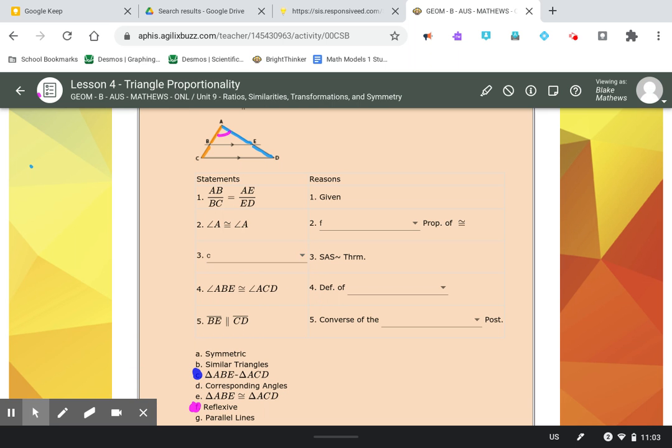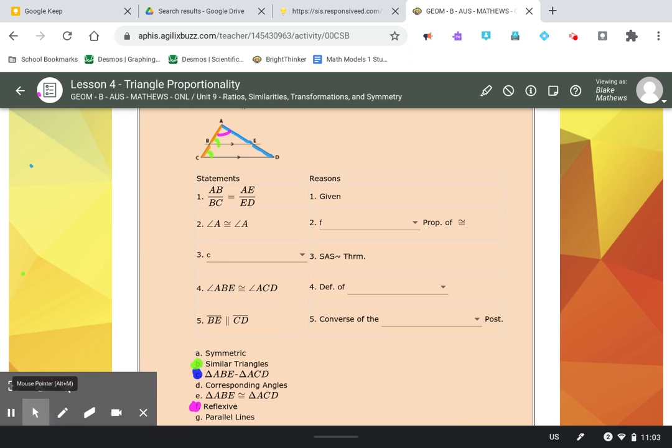And then because of that, we know that ABE is congruent to ACD. The angle ABE, that's this angle here, is congruent to ACD because of the definition of similar triangles, actually, is where that comes from. Because these are similar triangles, these angles must be the same.